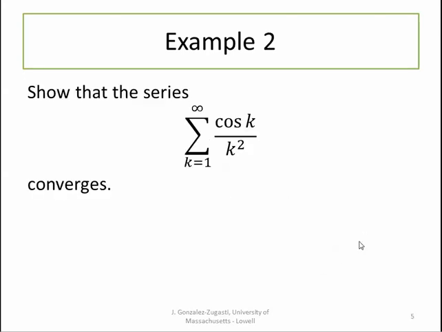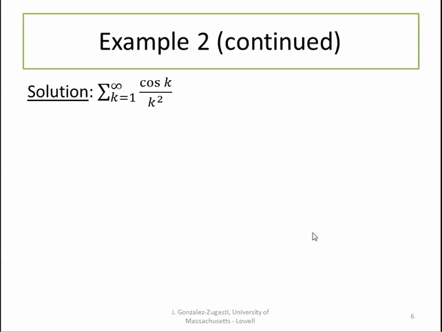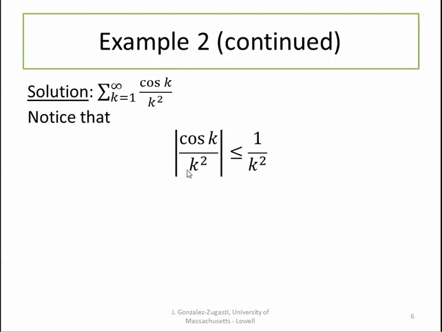All right, let's use this theorem to show that the series cosine of k over k squared also converges. Notice that if I take the absolute value of the terms, they're always going to be less than or equal to 1 over k squared because the absolute value of cosine k is less than or equal to 1.